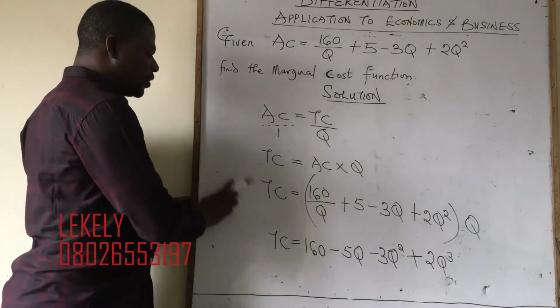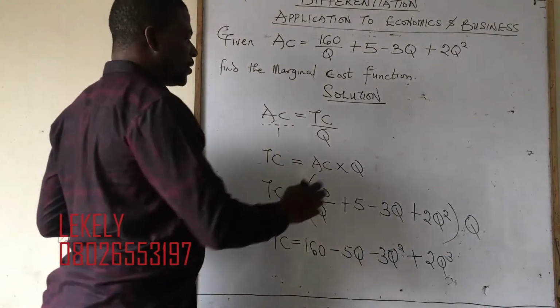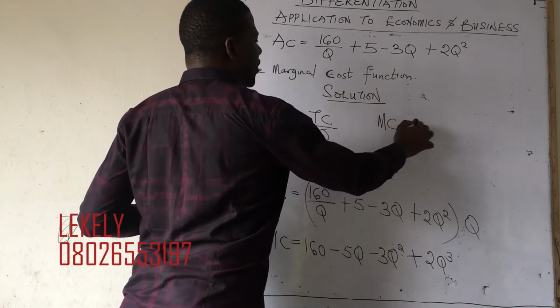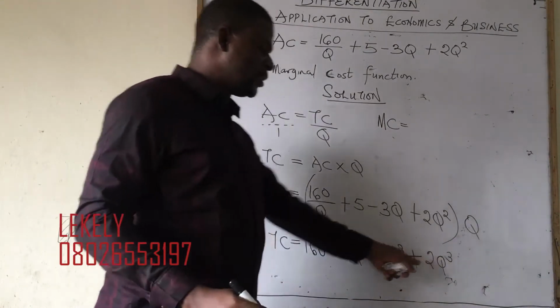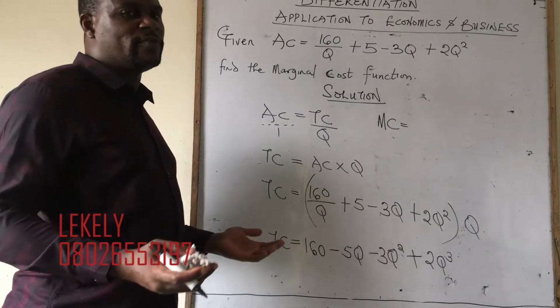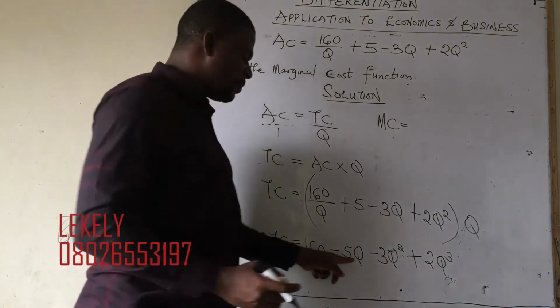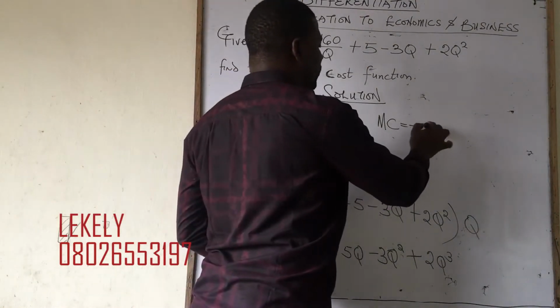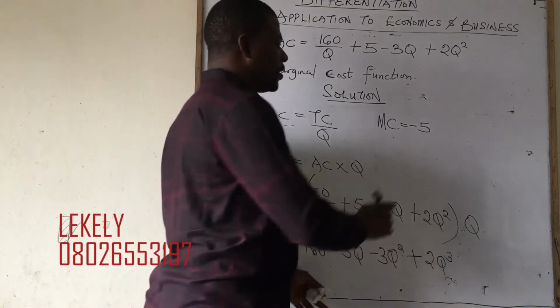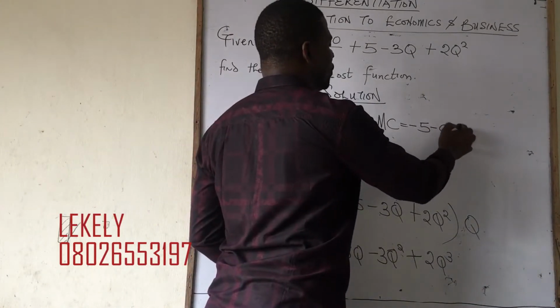Now that I've gotten my total cost, I can get my marginal cost by differentiating this total cost. Differentiating 160 gives 0. Differentiating minus 5q gives minus 5. Differentiating minus 3q squared gives minus 6q.